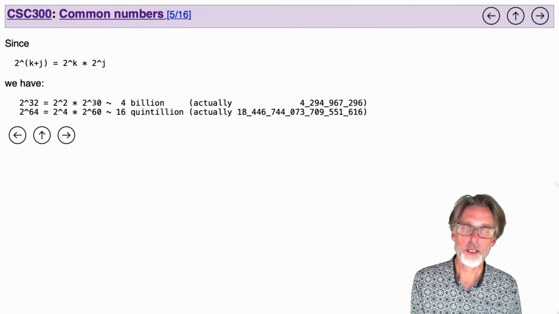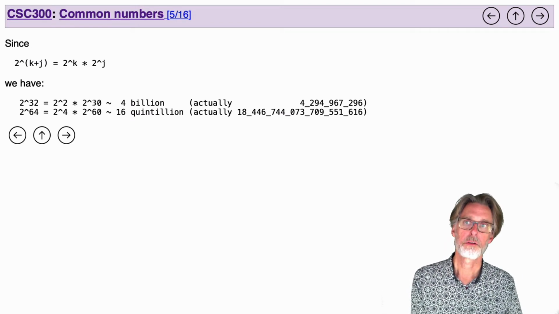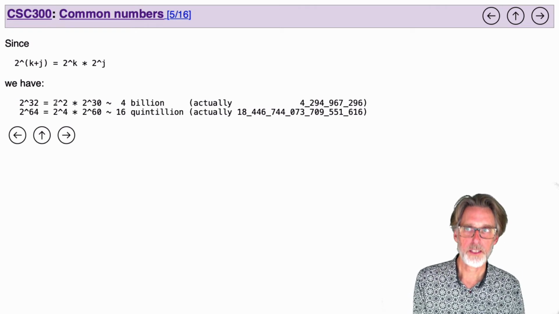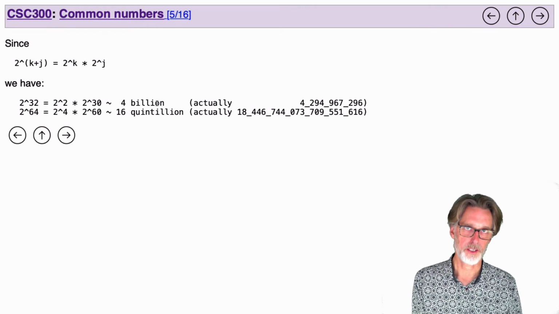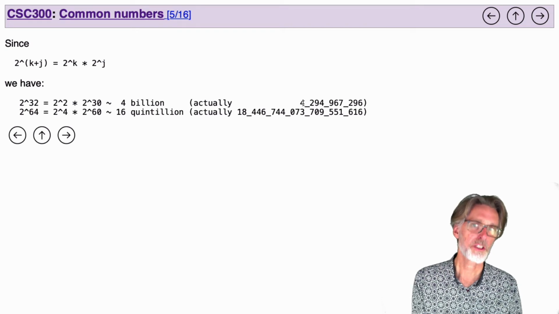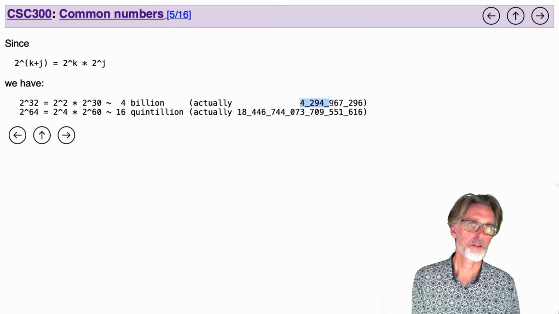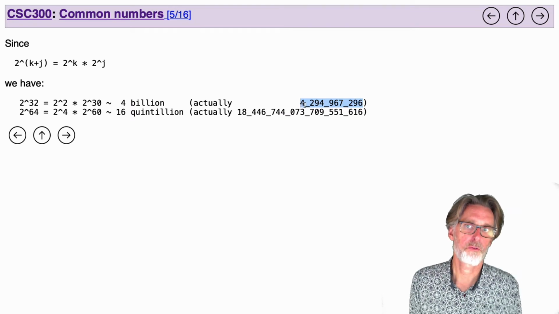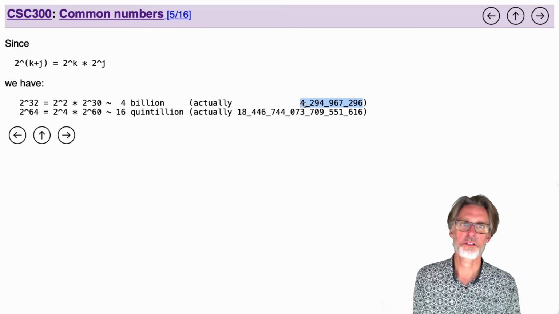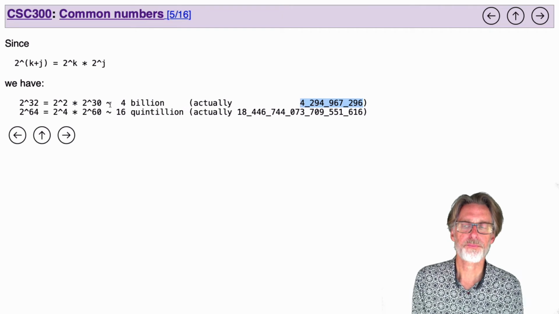What's 2 to the 30th? That's about 1 billion. And so what is this? It's 4 times 1 billion, or 4 billion. And actually, because we're dealing with 1024 instead of 1,000, there's a little bit of error here. It's a little bit more than 4 billion. But for most purposes, 4 billion, fine.